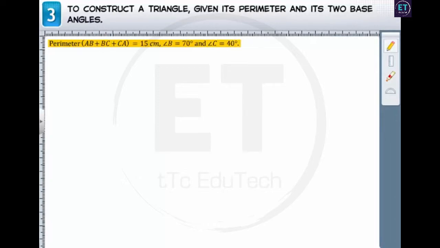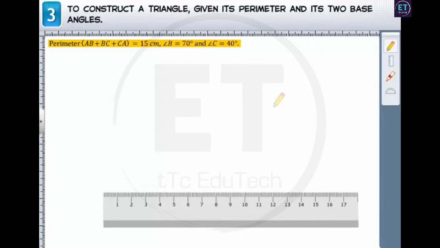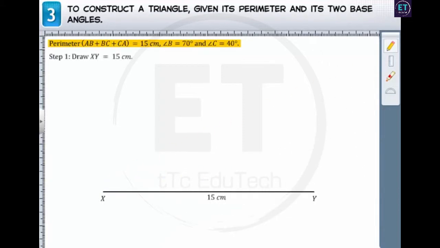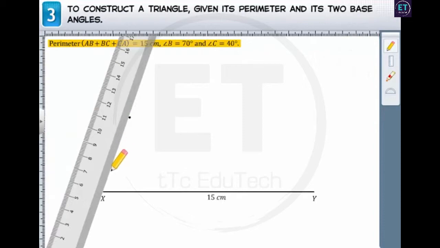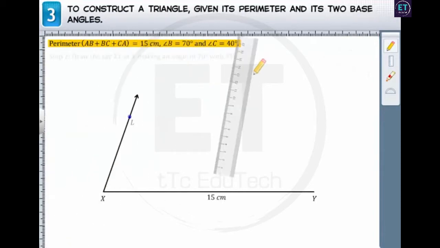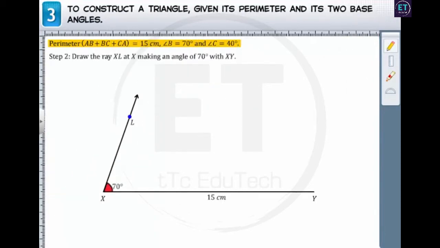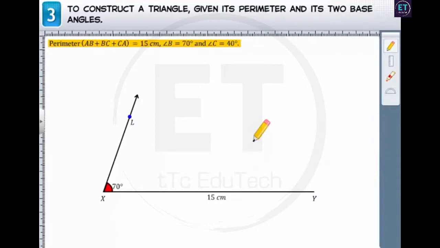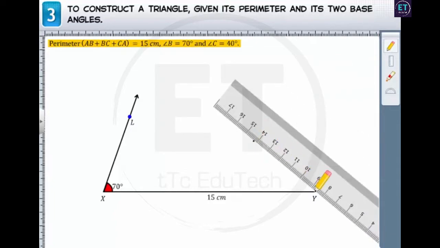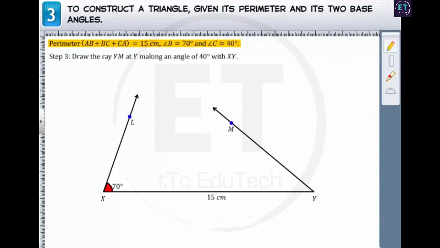Let's start with the construction. First, draw a line segment XY of 15 centimeters, which is equal to the perimeter of the triangle. Draw a ray XL at point X, making an angle of 70 degrees with XY. Similarly, draw a ray YM from point Y, making an angle of 40 degrees with XY.